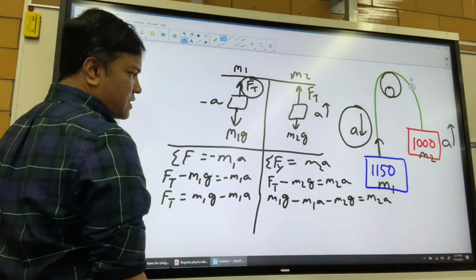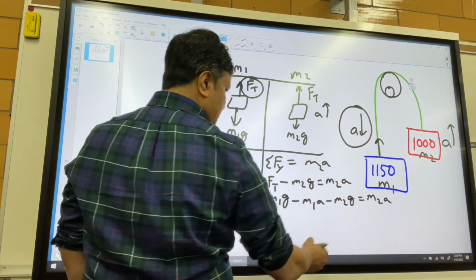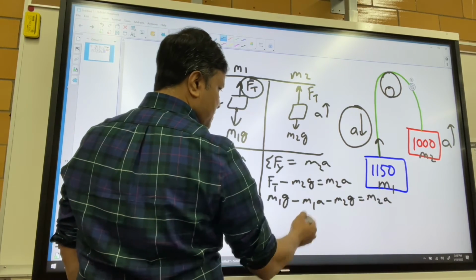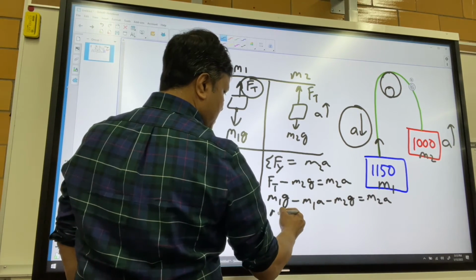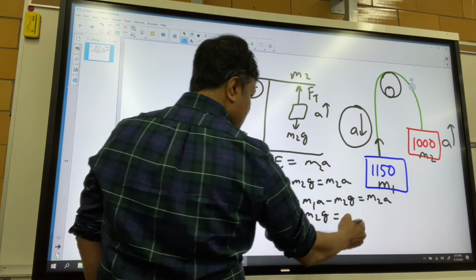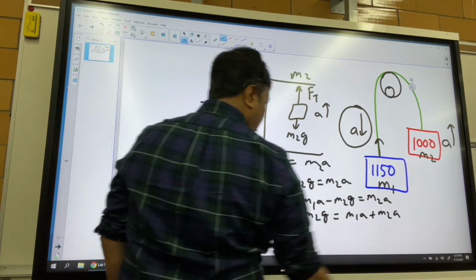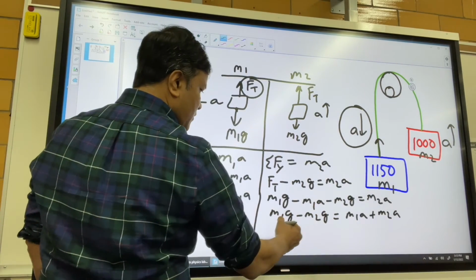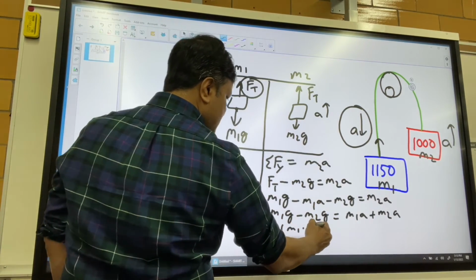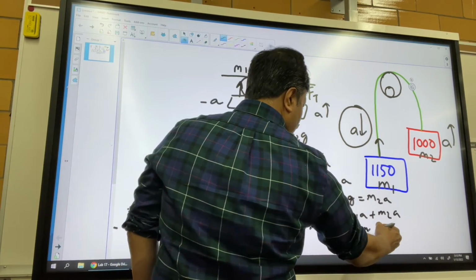All right, so let's see whether we can put all the a together. I'm going to send m1a to the other side. So m1g minus m2g is equal to m1a plus m2a. What does that mean? I have common factor g, m1 minus m2. I have common factor a, m1 plus m2.